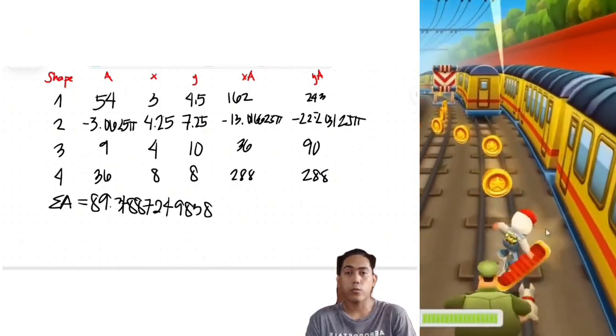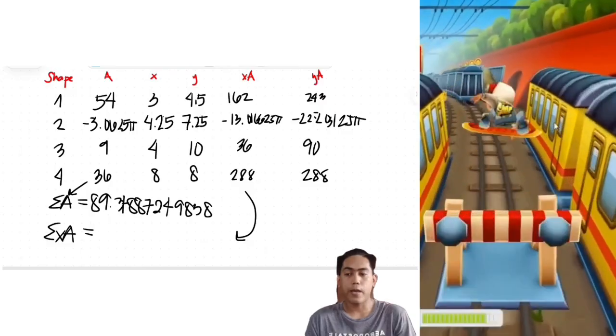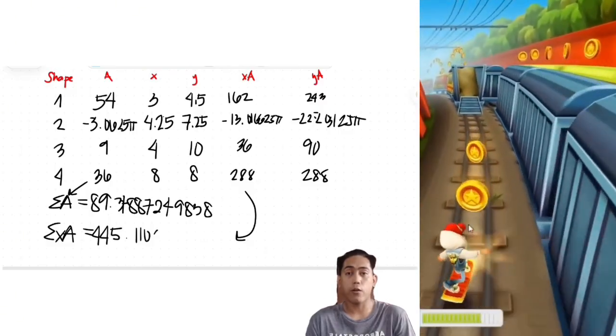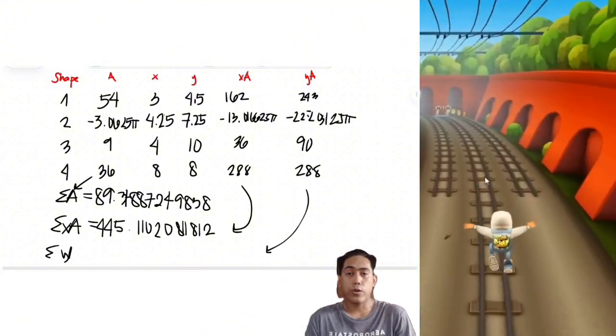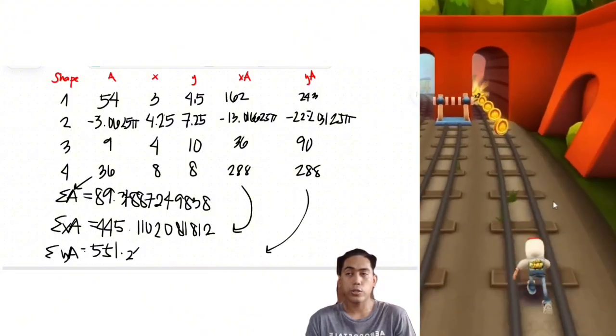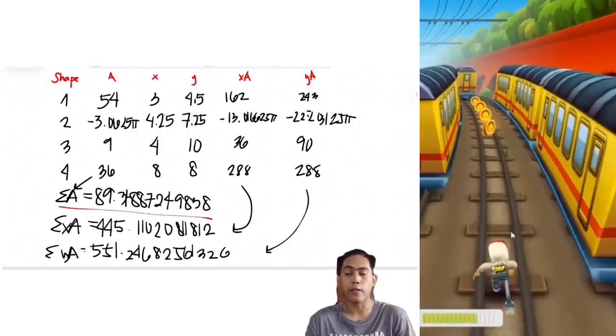And then after that, we will compute the summation of the areas of all the shapes, and then the summation of the product of the area of each shape and their x coordinate of the centroid, and also the summation of the product of y coordinate and the area.